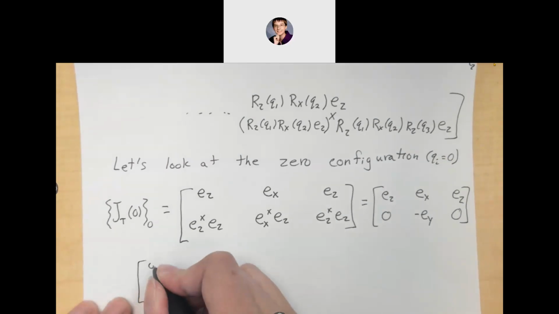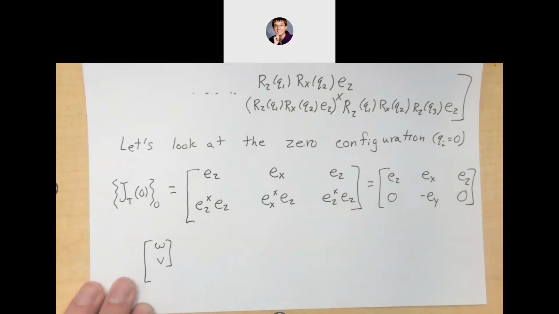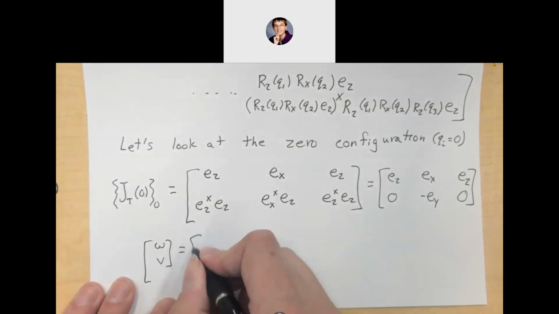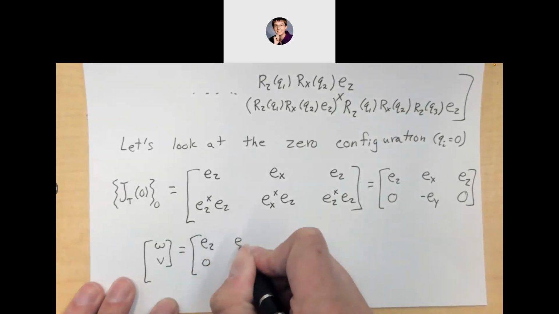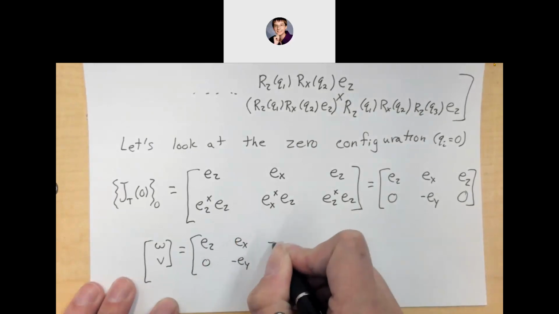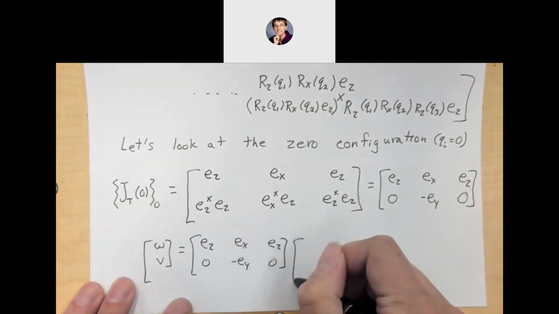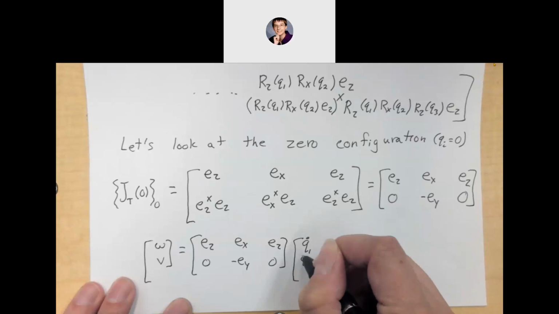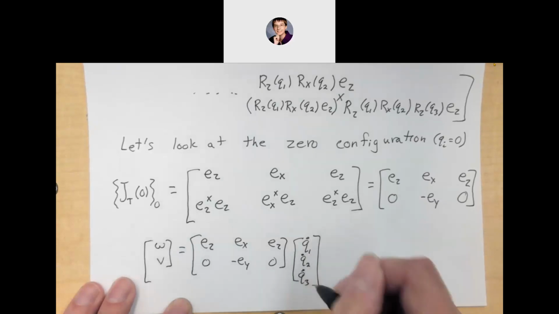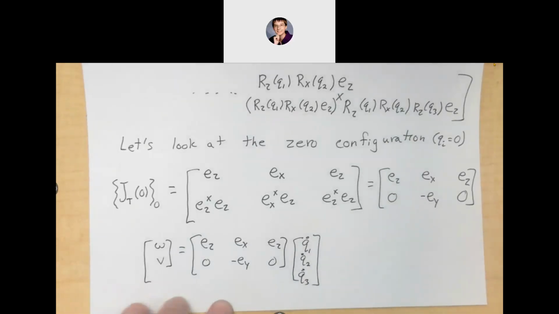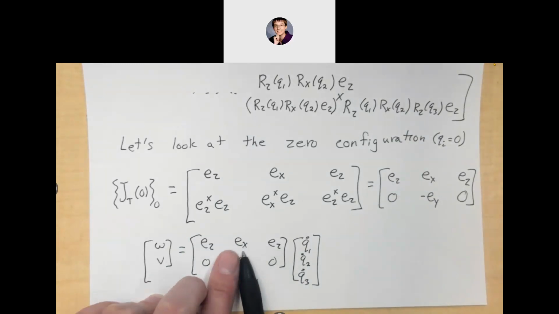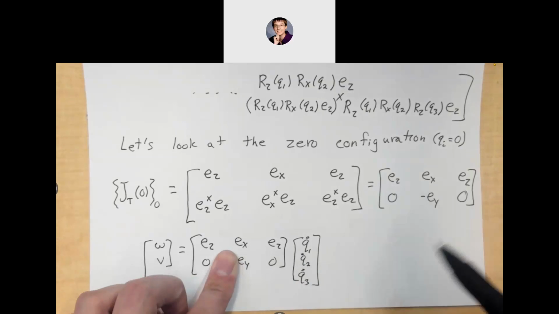So what this means, if we go back to our linear and angular velocity, and this would be Q1 dot, Q2 dot, and Q3 dot. Right? So if I wanted to rotate about X, omega captures our rotational velocity. Then what I see is I have an EX here, and that corresponds to joint 2.